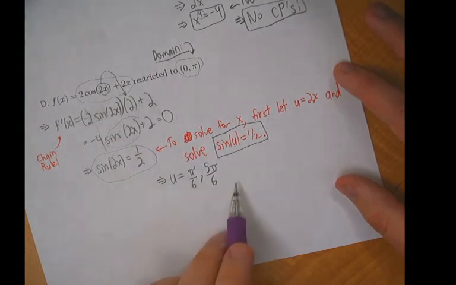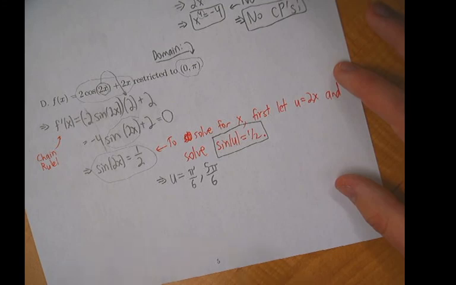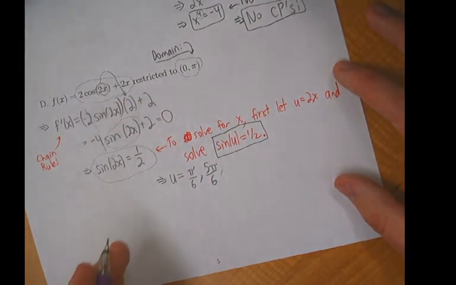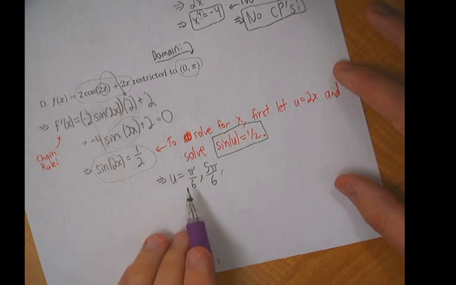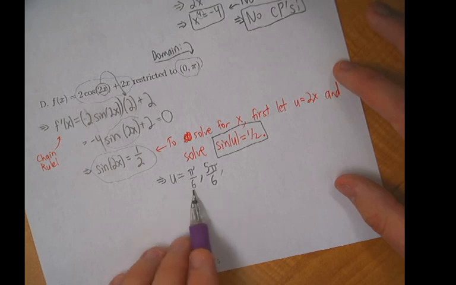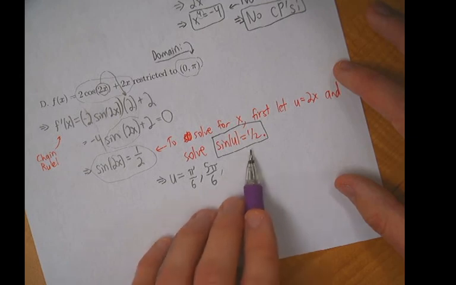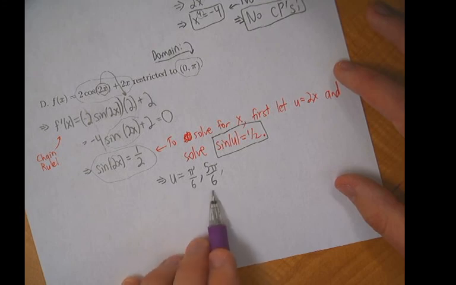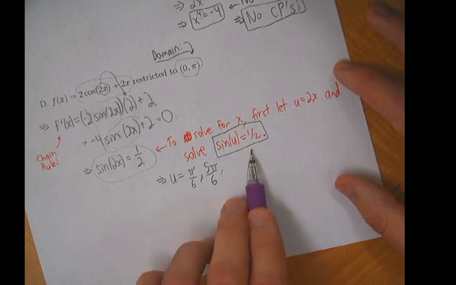So those are two such values, but I'm going to go a bit further, just to make sure we have some nice basis here. I'm going to take these two and add 2 pi to them. Because if pi over 6 and 5 pi over 6 are solutions, that means any integer multiple of 2 pi added to these are also solutions.